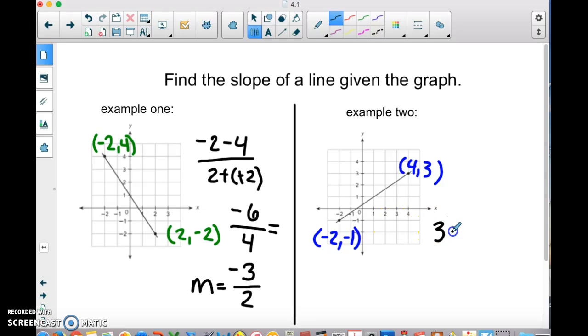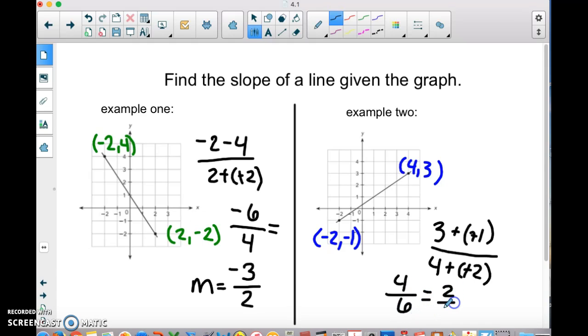So 3 minus -1 over 4 minus -2. Double negative becomes a positive. So I have 3 plus 1 is 4 over 4 plus 2 is 6. And again, make sure to simplify to 2/3. So 2/3 is my slope.